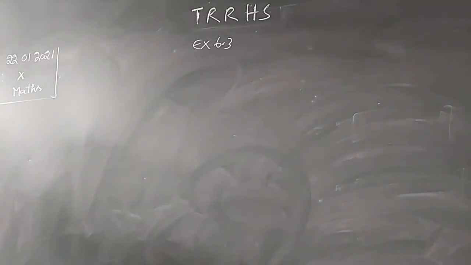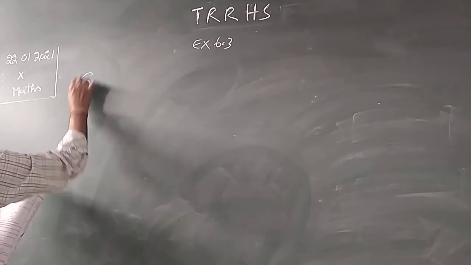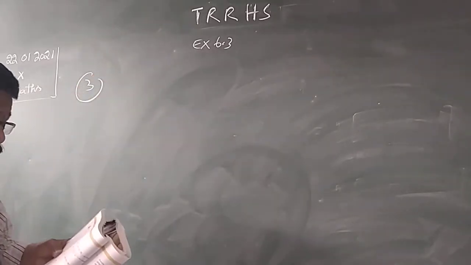Find the sum of the following APs: 2, 7, 12 up to 10 terms. Find the sum given below. I hope we clearly understood these two problems. The first two problems I asked you to do.